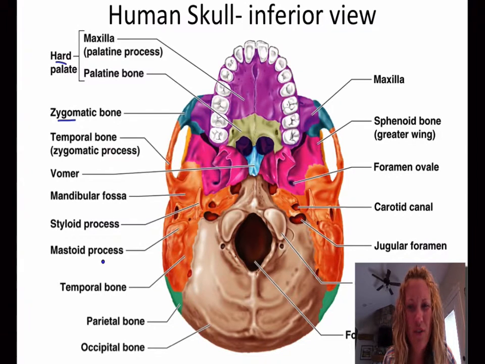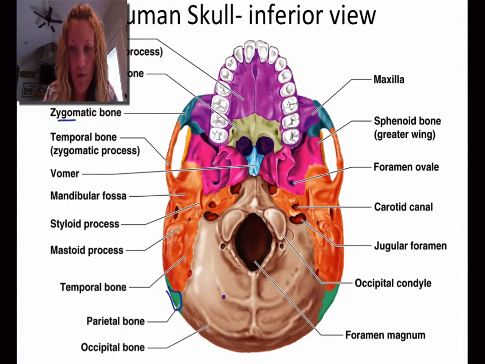You need to be able to identify some of these bone markings depending on the different views. So if you're at a lateral view or an inferior view, you have to be able to identify them from different views. So then we have the parietal bone, which you can barely see here. Then you have this bone, which is the occipital bone. The foramen magnum, okay, is right here.